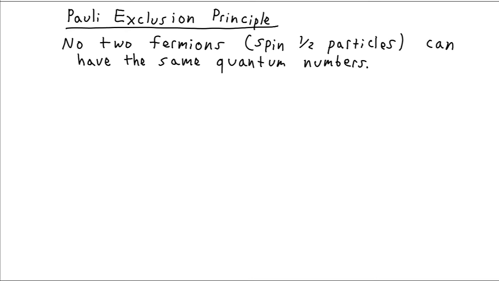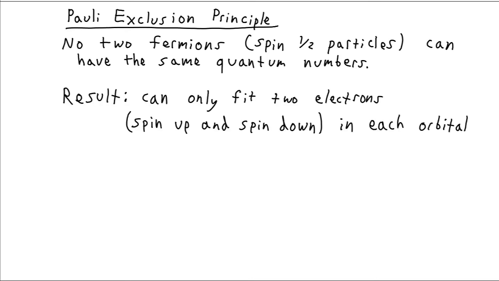So once we stick 2 electrons in our orbitals, one with spin up and one with spin down, then we're going to have to move on to some other orbital. We can't fit any more electrons in that, because otherwise we would be using electrons with identical quantum numbers, i.e. identical solutions to the Schrodinger wave equation.